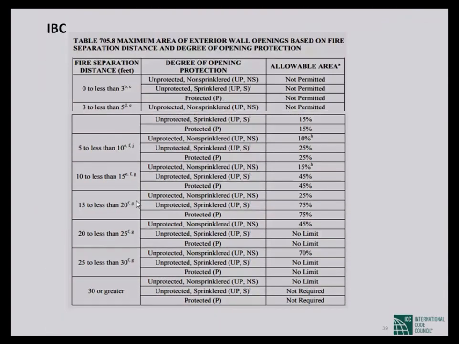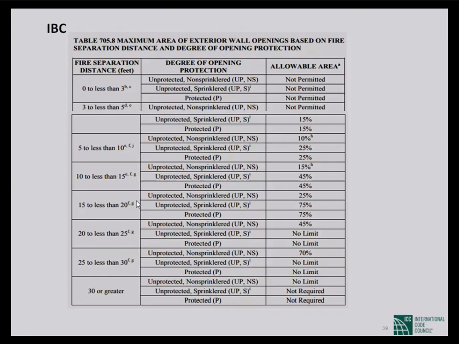Now I'm giving some idea. You have already seen that if the building is separated at a distance, then you have to think about how much distance you are making wall to wall, and then how much opening you can maintain.